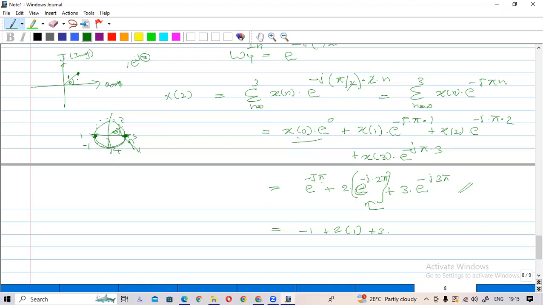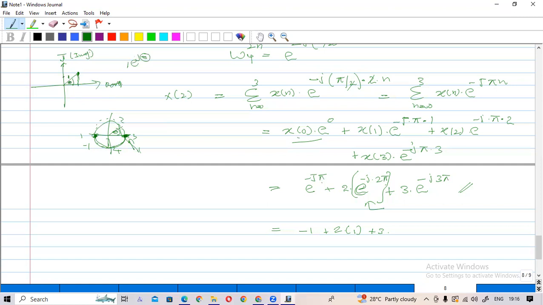So this will be 1. Let's say this is theta. If theta is π/2, your value is here on this axis.